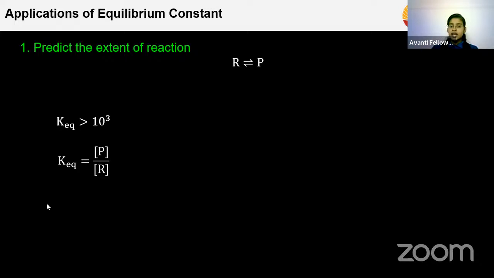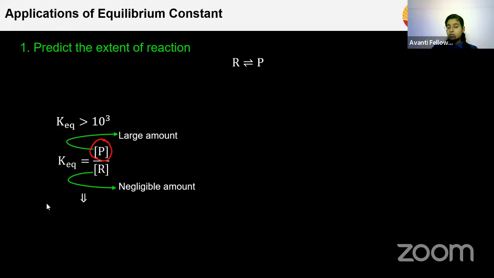So if it is greater than 10 power 3, it means that the numerator, the concentration of P, is in large amount and the denominator, the concentration of R, is in very small, negligible amount. So in that case, since the numerator is very big, we can say that the reaction proceeds almost to completion. So the extent of the reaction is that it is going to get completed.